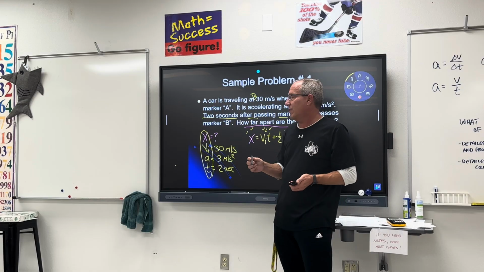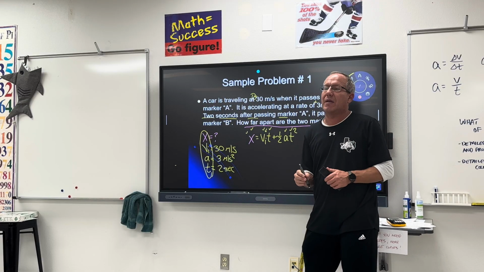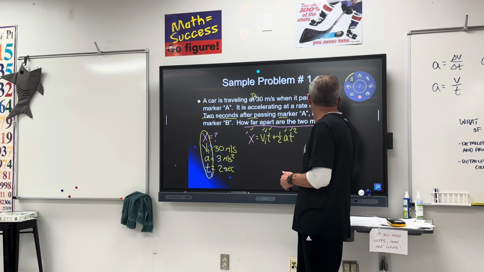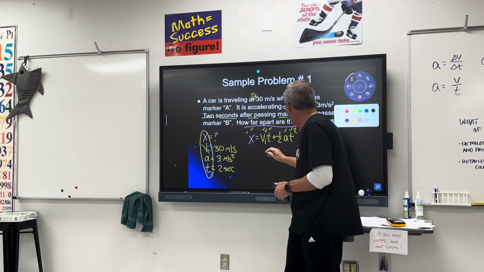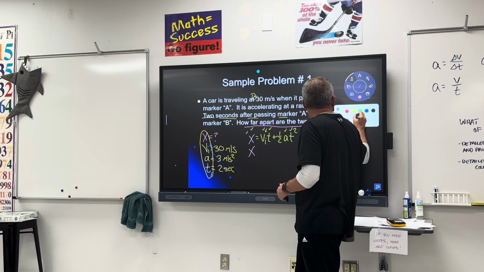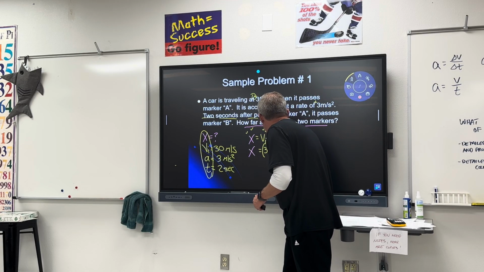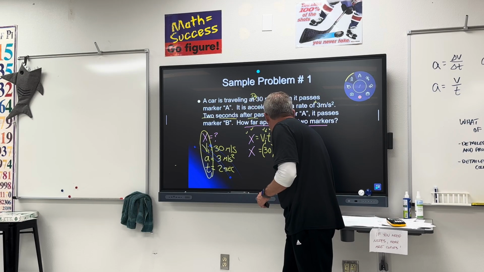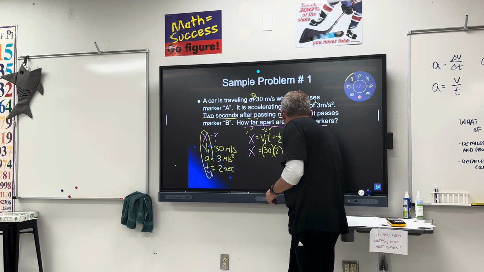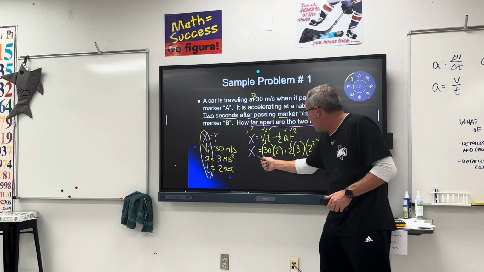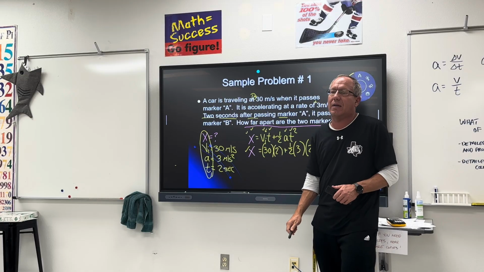After you list your givens and after you list your equation, what do you then do? Yeah, substitute or plug it in. So we're going to plug in these variables. x equals my initial velocity 30 times my time 2, plus 1/2, my acceleration 3, and then 2 squared. This is straight up solving, since I don't have to do any algebra on this.